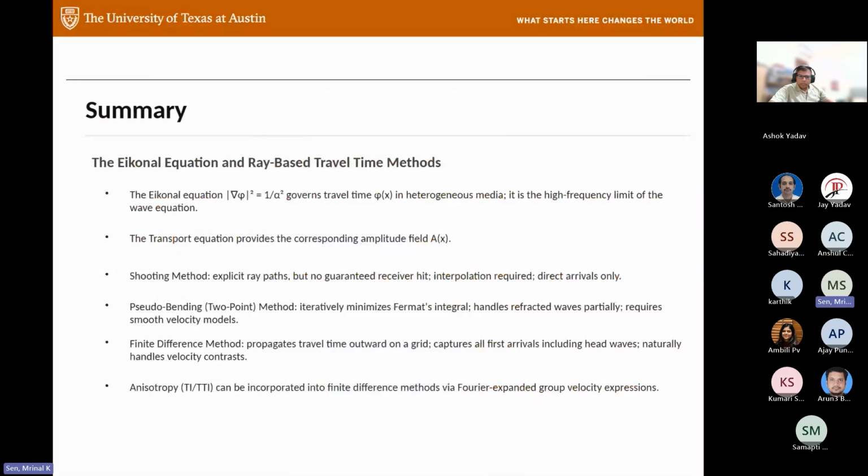So the Eikonal equation and ray-based travel time methods. This is the Eikonal equation that governs the travel time. The transport equation provides the corresponding amplitude. Shooting method is explicit ray paths, but no guarantee of receiver hit.